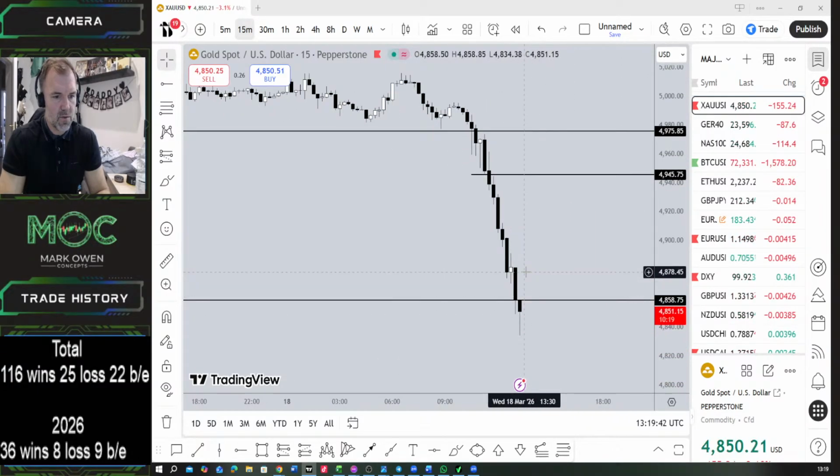Okay, now this is what we want to see. If we can close back above this, we get a wick down, we can buy the high. Right, just waiting for this to turn positive, guys.